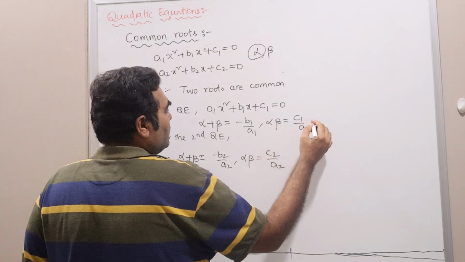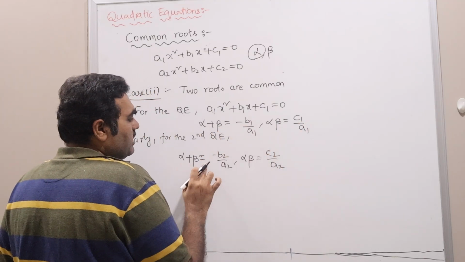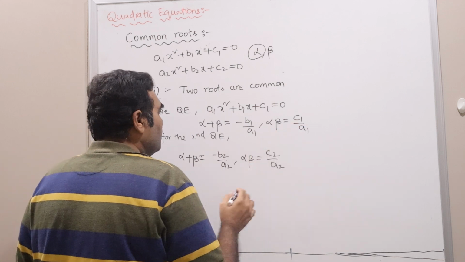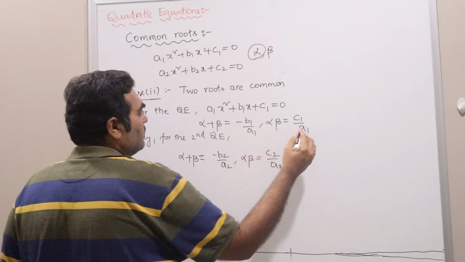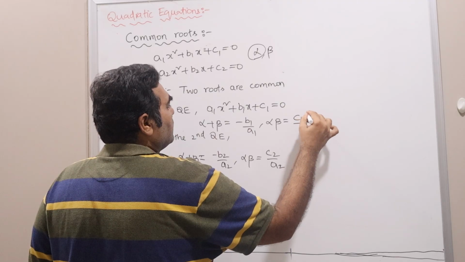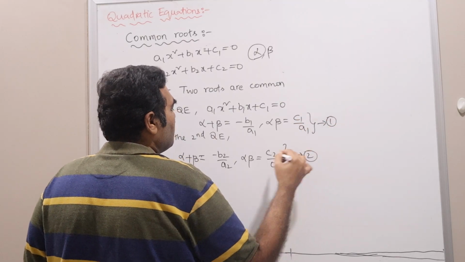So now let us say alpha plus beta is minus b1 by a1, alpha plus beta is minus b2 by a2, alpha beta is c1 by a1, alpha beta is c2 by a2. So now I can compare these two sets of equations. Let me say this is set number 1, this is set number 2.